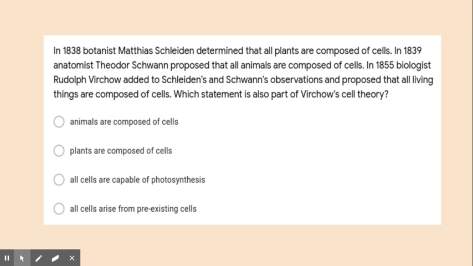In 1838, Matthias Schleiden determined that plants have cells. In 1839, Theodor Schwann said that animals have cells. In 1855, Rudolf Virchow proposed that all living things are composed of cells. What statement is also a part of Virchow's cell theory? Did Virchow also conclude that animals are composed of cells, plants are composed of cells?